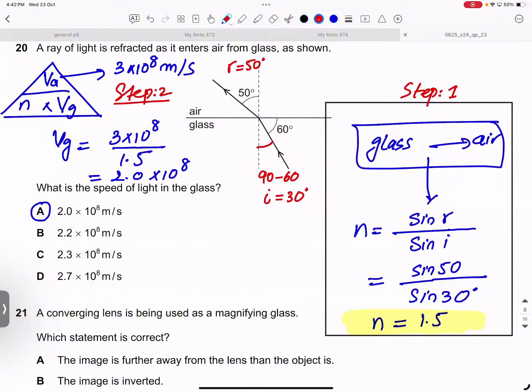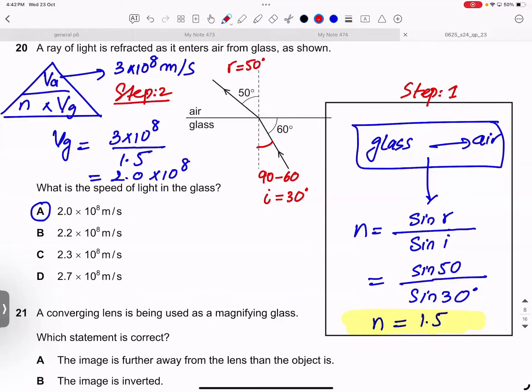There was a trick in the question. The angle of incidence was not from the normal. We subtracted from 90 degrees and then calculated the angle from the normal. Then you substitute into the formula to get n. Once you got n, you use another equation of n in terms of speed of light. It got you the speed of light in glass. You got it.